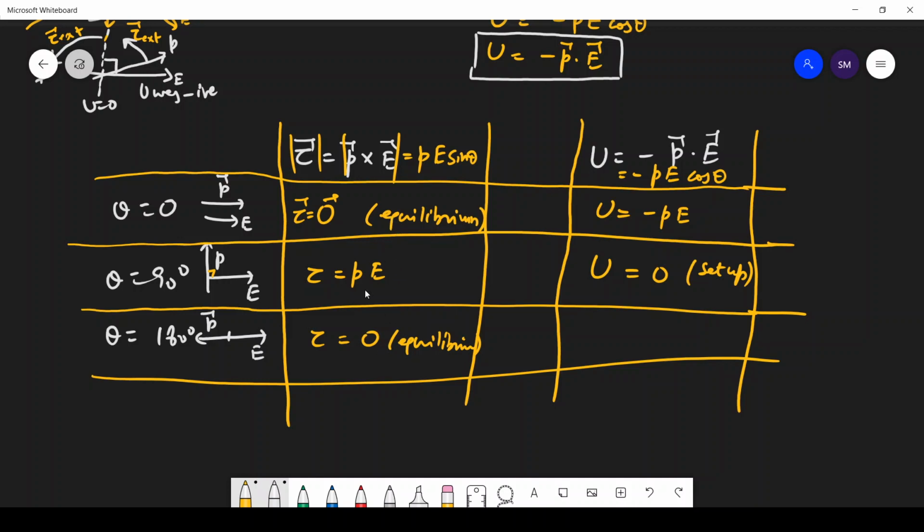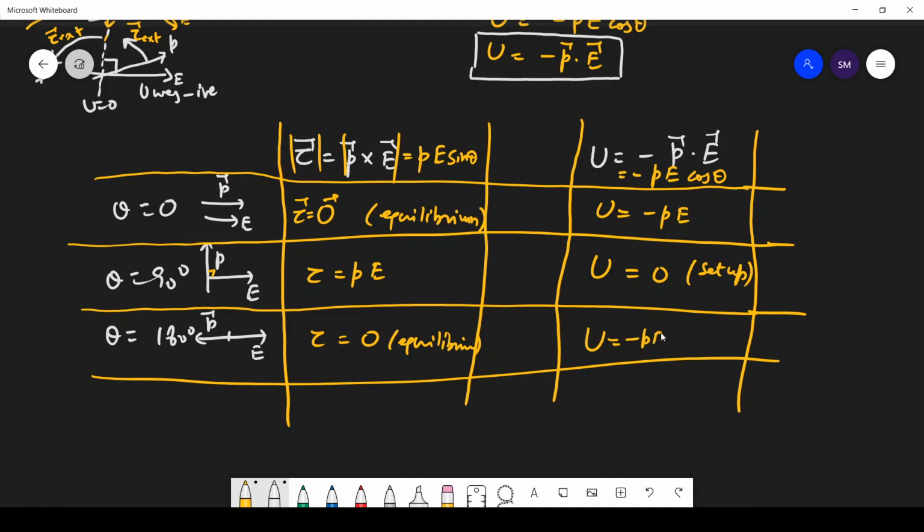Equilibrium at both the places, but which one is stable and which one is unstable? That will be told by the potential energy. It will be stable equilibrium where the potential energy is minimum. Let us see where the potential energy is minimum. At this angle, cos 180 degrees is minus 1.